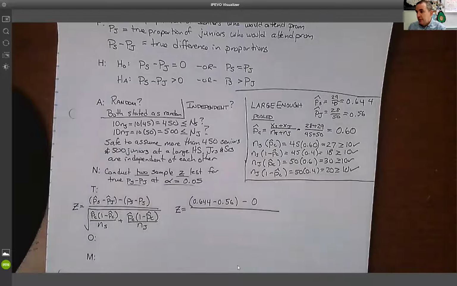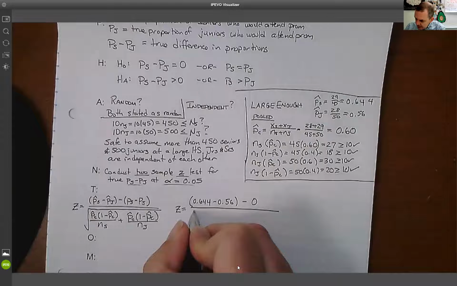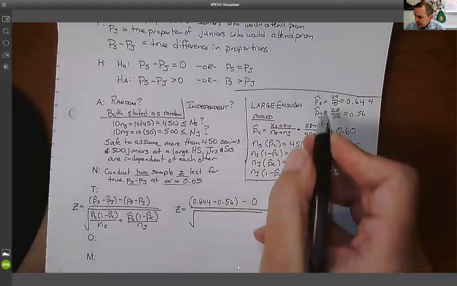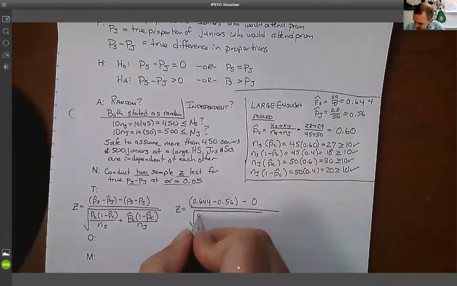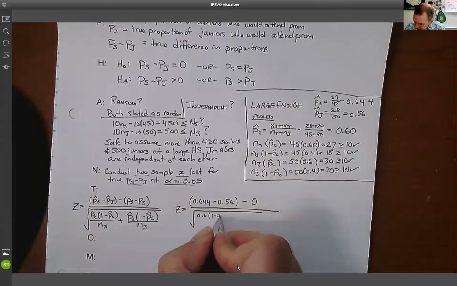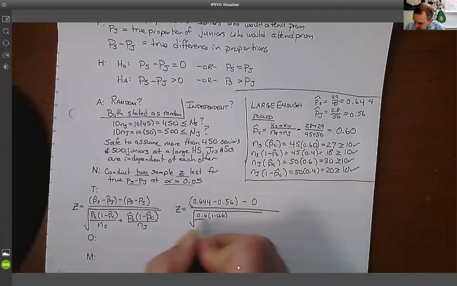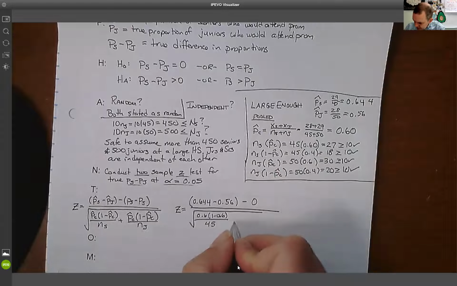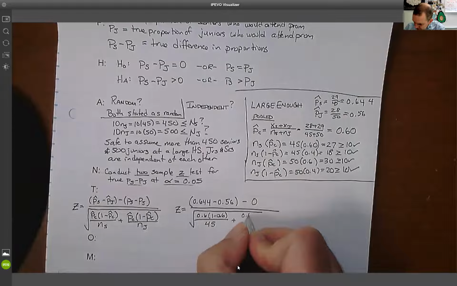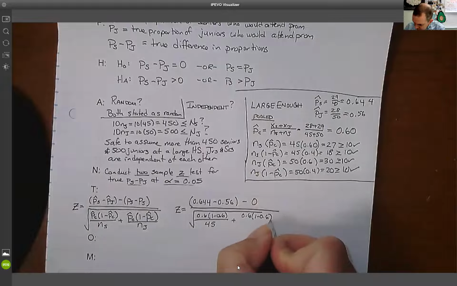I'm going to tell you it's almost always going to be that 0 there. And now I'm going to fill in the blanks down here. I got my P hat C of 0.6, 1 minus 0.6 over my sample size for seniors, which is 45, plus 0.6, 1 minus 0.6 over my sample size of 50.